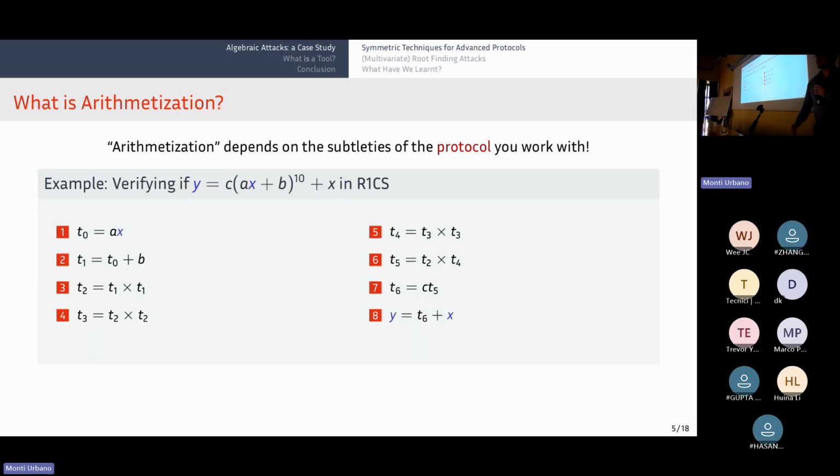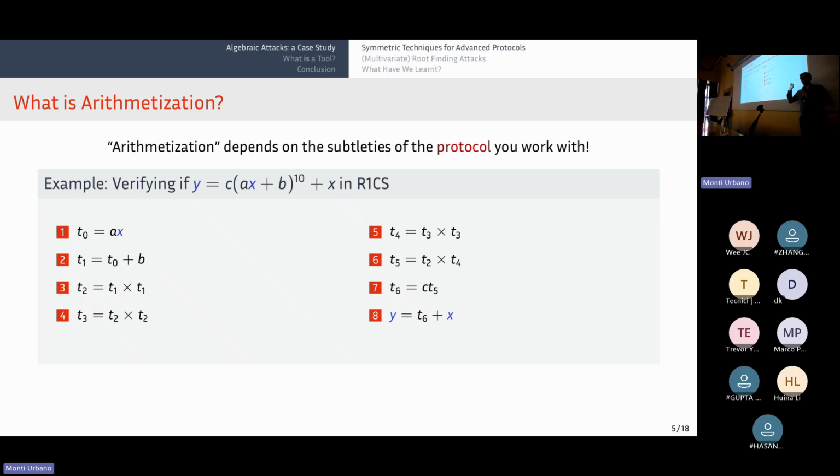But for instance, if you look at R1CS, it's a specific type of arithmetization that is relevant in some ZK protocols. In this case, the way you're going to arithmetize the computation of y being equal to this expression, c times (ax plus b) to the power 10, this is just a basic computation, and you're going to arithmetize it, if you want it to play well with your ZK protocol, in the following way.